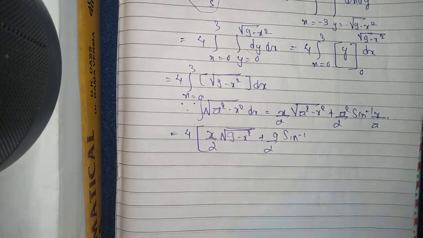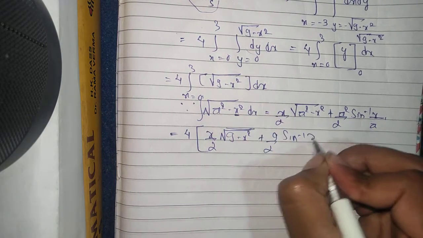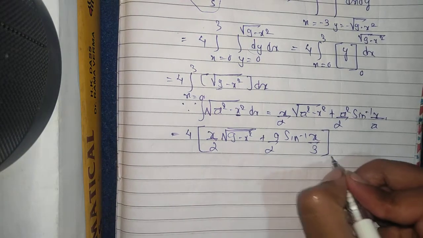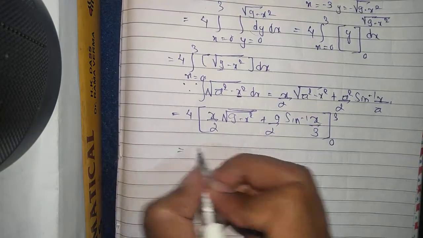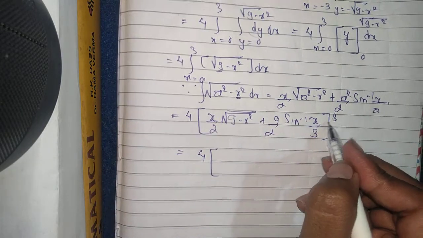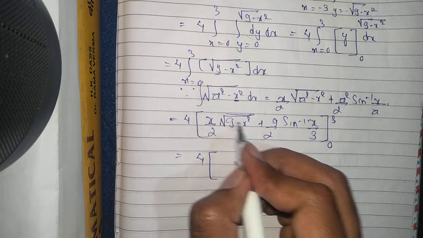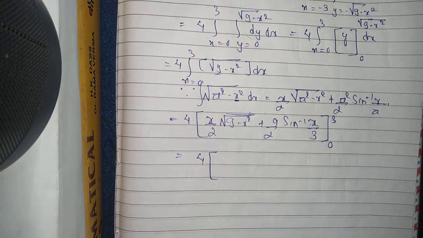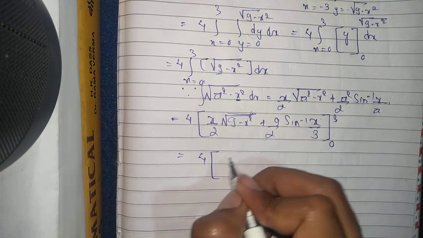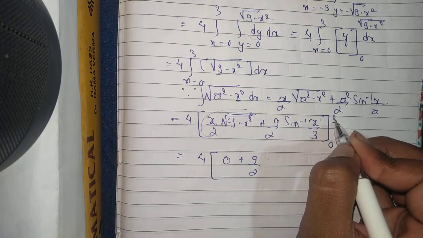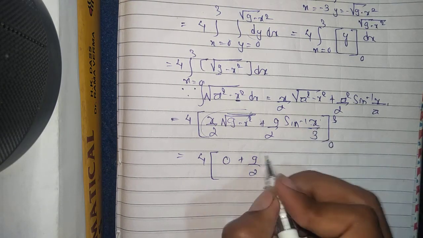Now substituting the limits, at first we substitute 3: 9 minus 3 square gives 0, plus 9 by 2 sine inverse 3 by 3, that is sine inverse 1, which means pi by 2.